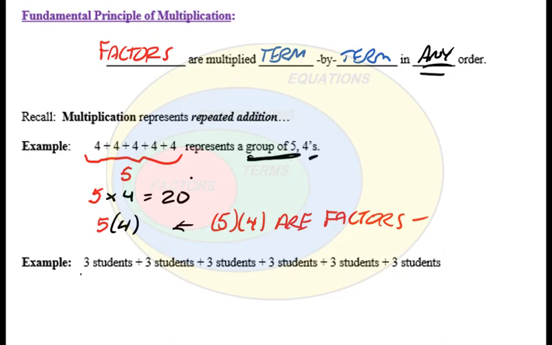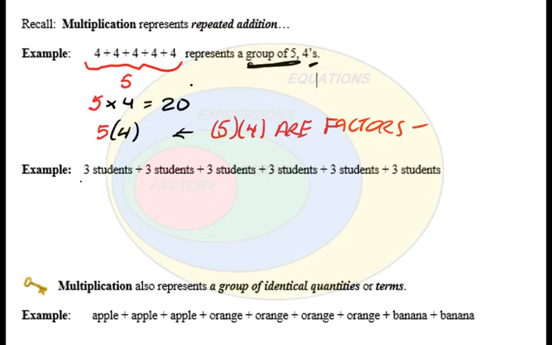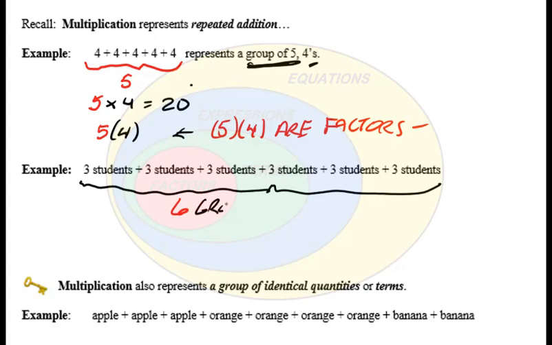Let's look at the next problem and talk about it as a group and then convert it to multiplication. You notice I have 3 students plus 3 students plus 3, so I have basically 6 identical groups. I have 6 groups of 3 students.